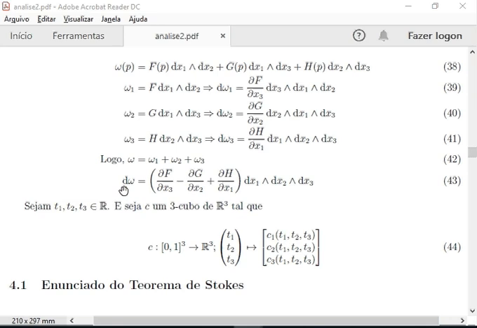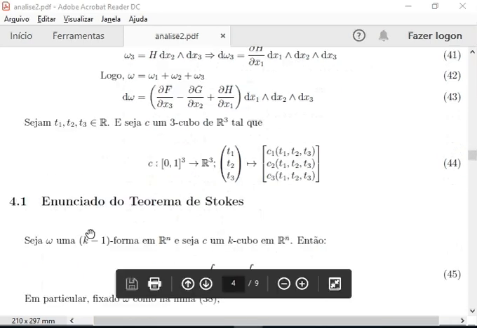It implies that d omega is df dx3 minus, because of the transposition, dg dx2 plus dh dx1. In the first term, f, there were two transpositions. Minus with minus gives plus.